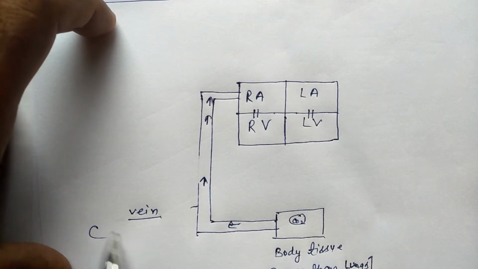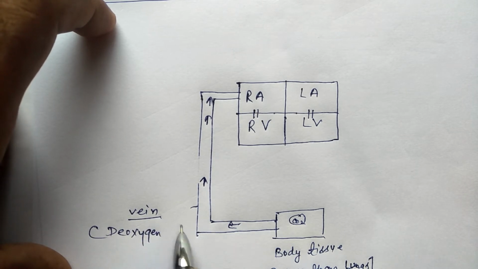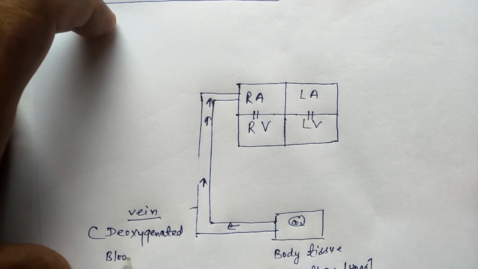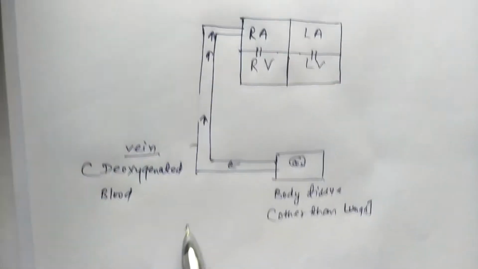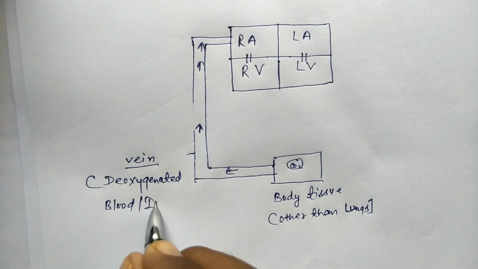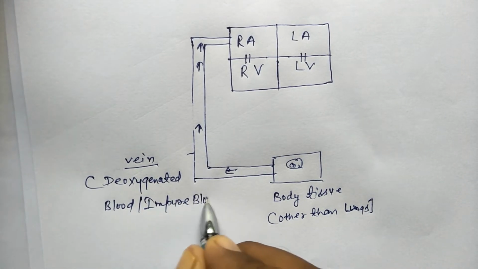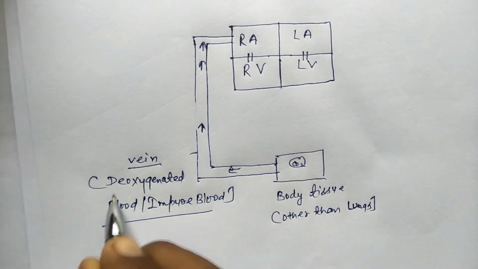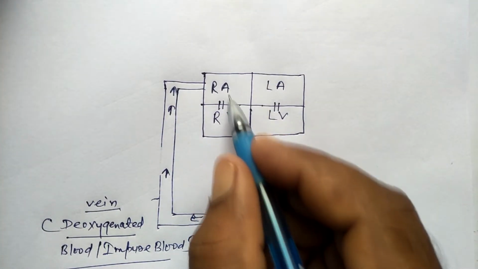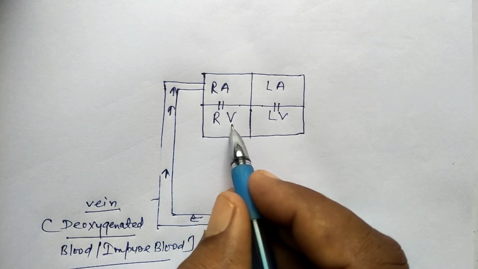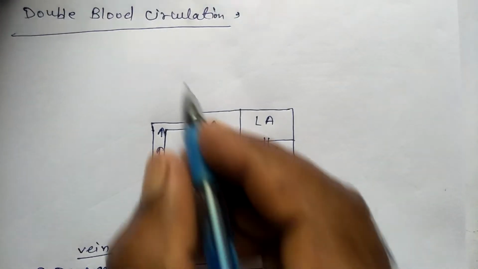Inside the vein is deoxygenated blood, meaning impure blood. This impure blood enters the right ventricle through the tricuspid valve.